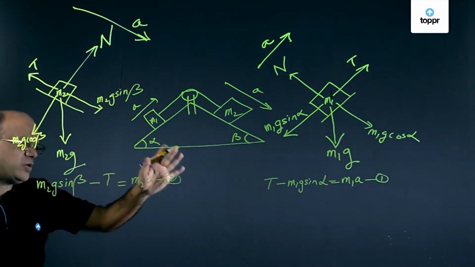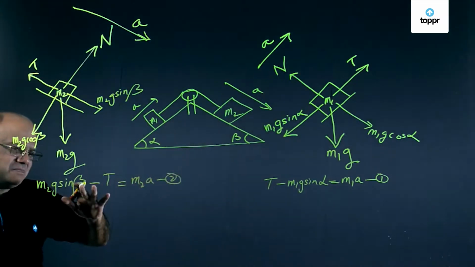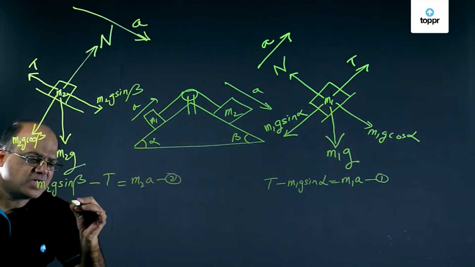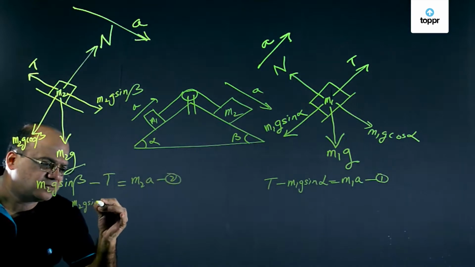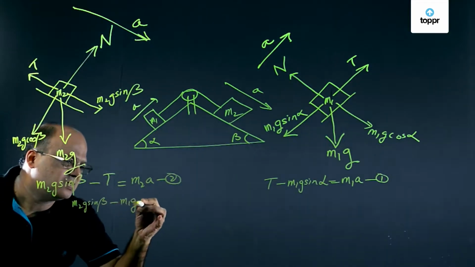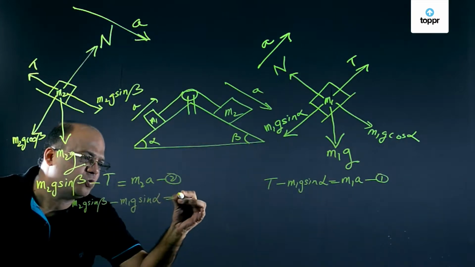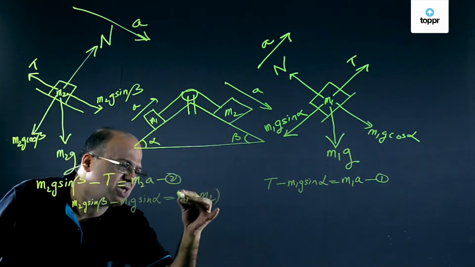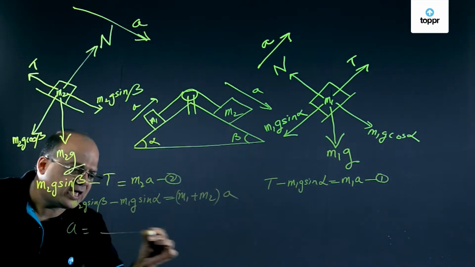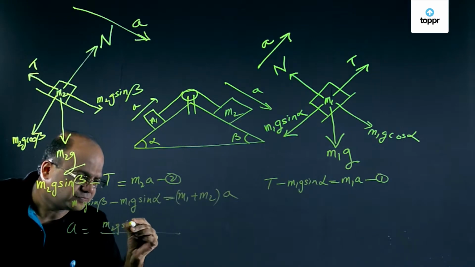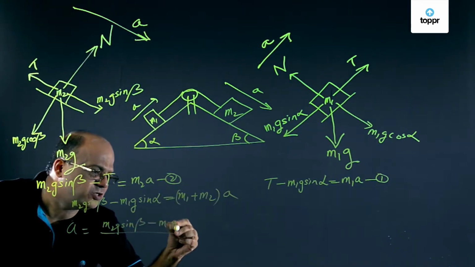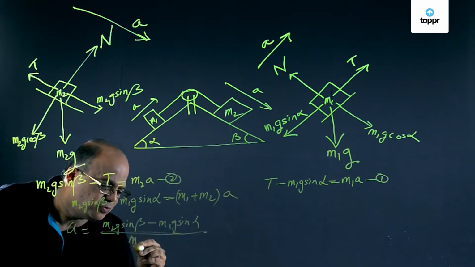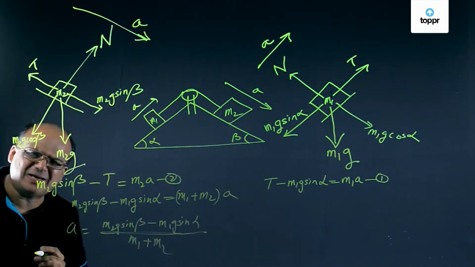So now we have got these two equations. We can add them, then tension will cancel. So let's add the two equations. What do you get? m2g sine beta minus m1g sine alpha equal to (m1 plus m2) into a. So here you have found a equal to (m2g sine beta minus m1g sine alpha) by (m1 plus m2), right?